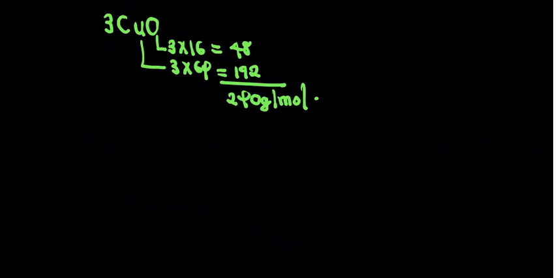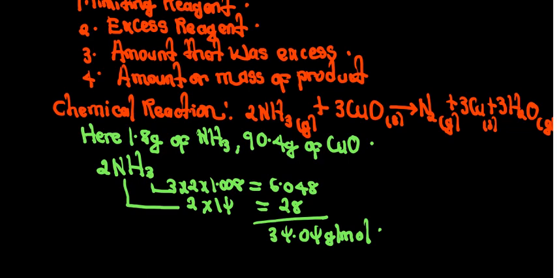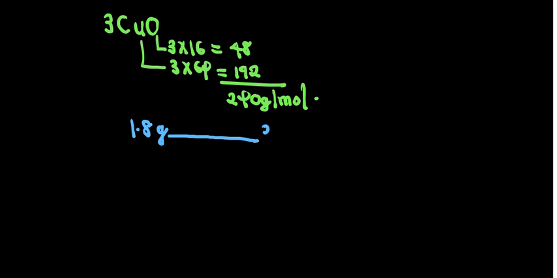So you see that we've been given 1.8 grams of that, and this 1.8 grams of the NH3 that was given was equal to the molar mass of what? It's equal to the molar mass of 34.04 grams per mole.